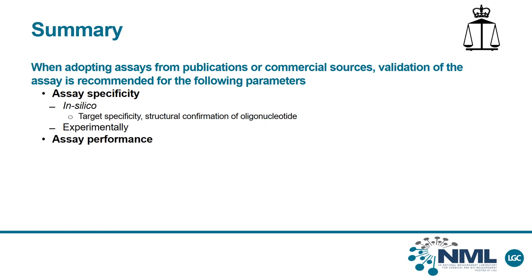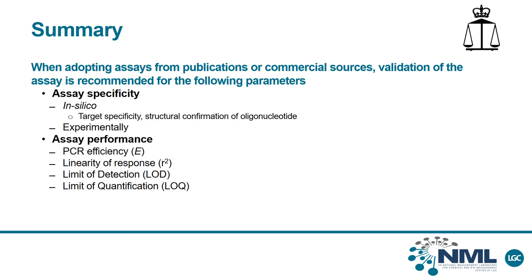Evaluation of assay performance involves the determination of a number of assay-specific parameters, which include PCR efficiency, linearity of response, limits of detection and quantitation, as well as estimation of bias and precision.